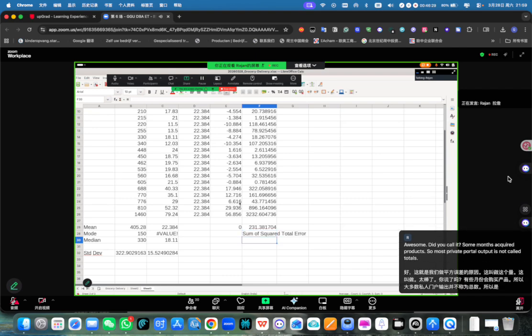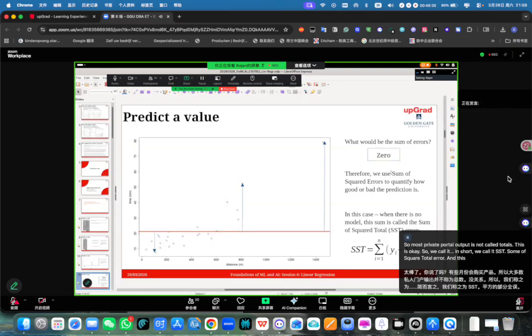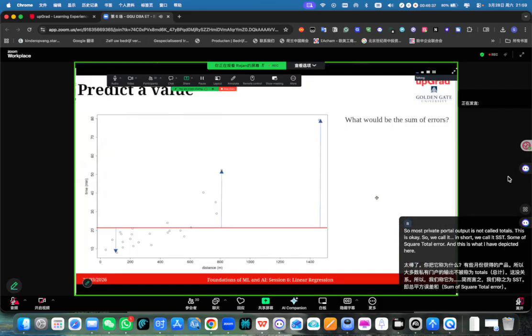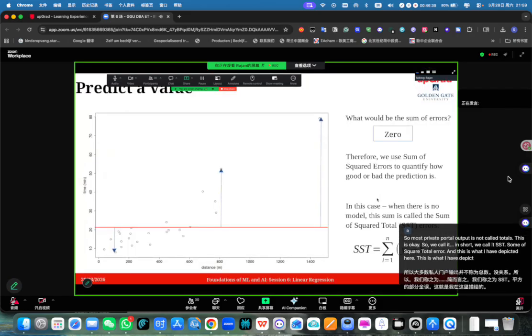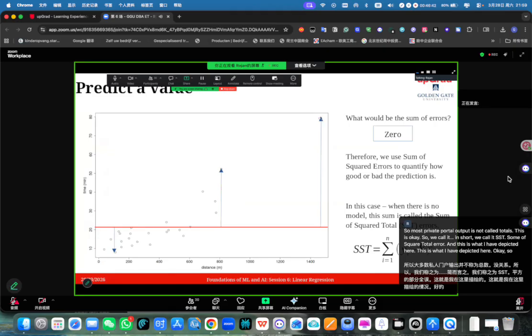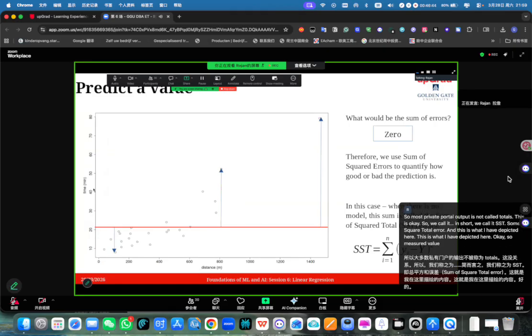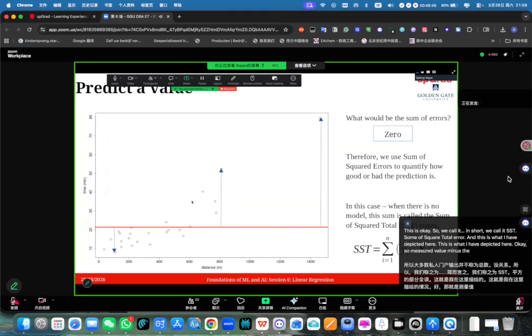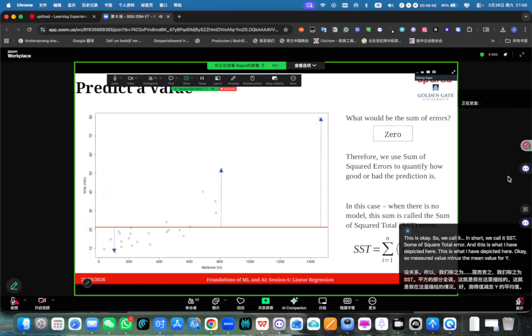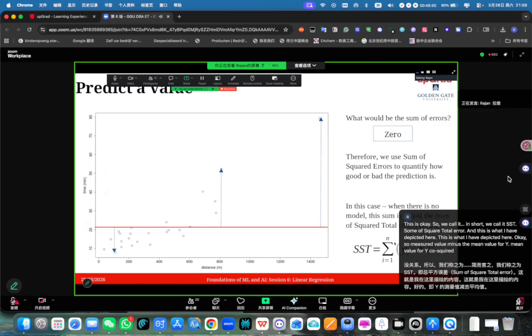So in short, we call it SST, sum of squared total error. And this is what I have depicted here. Okay. So measured value minus the mean value for y, whole squared, sum over all measurements. This is called sum of squared total.